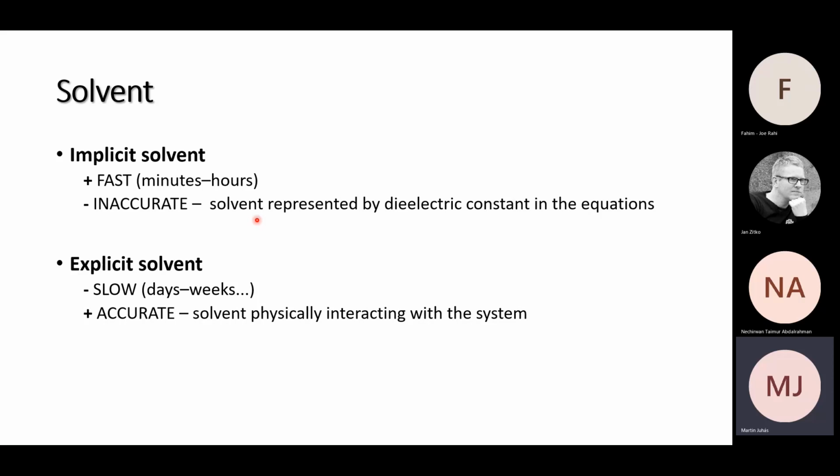And then the better one, but usually slower one, is an explicit solvent, which means that you really have your molecule of water, for example, in your system. It might seem pretty simple, but actually simulating water is not as simple as it sounds, because water can form clusters which are very dynamic and very macro, and it really shows it to be a macromolecular entity, and it behaves differently than the usual water.